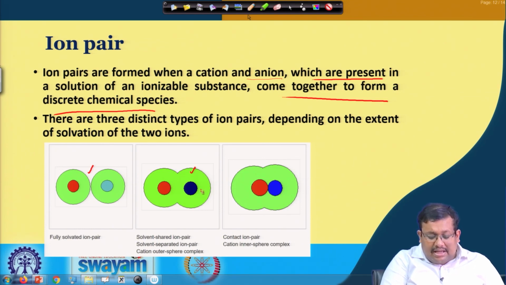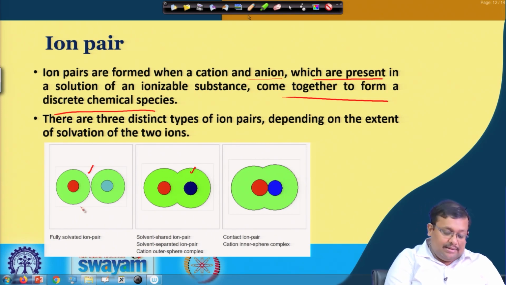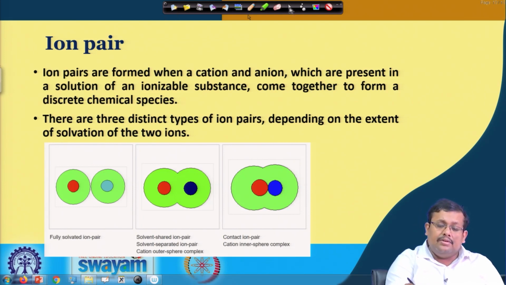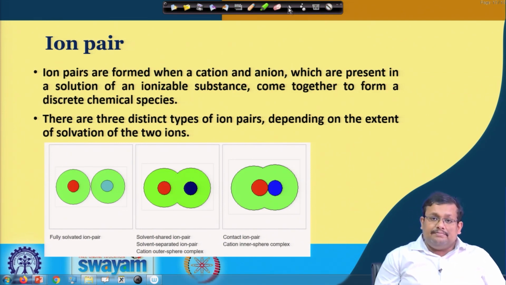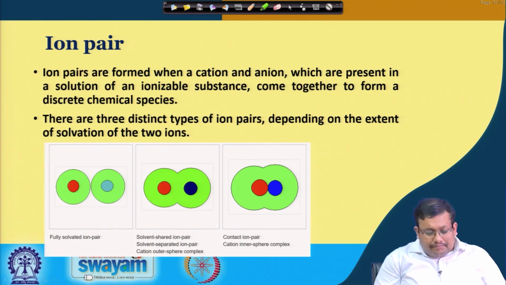And the third category is when the cations and anions are in contact with each other. So, that is called the contact ion pair. So, it is fully solvated ion pair, this is solvent shared ion pair, and this is contact ion pair. And this ion pair effect has a considerable influence on the gypsum solubility in the sodic soil.